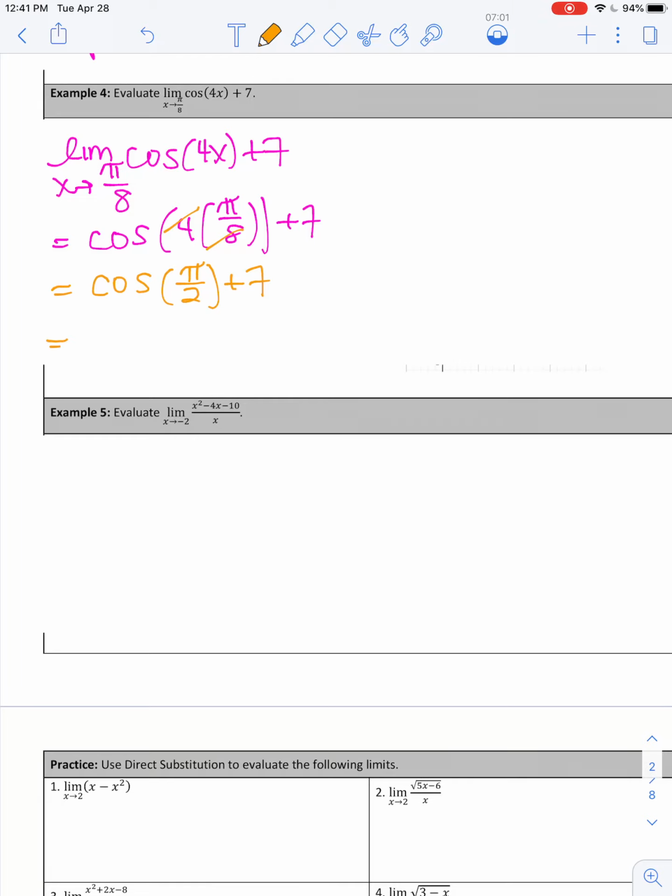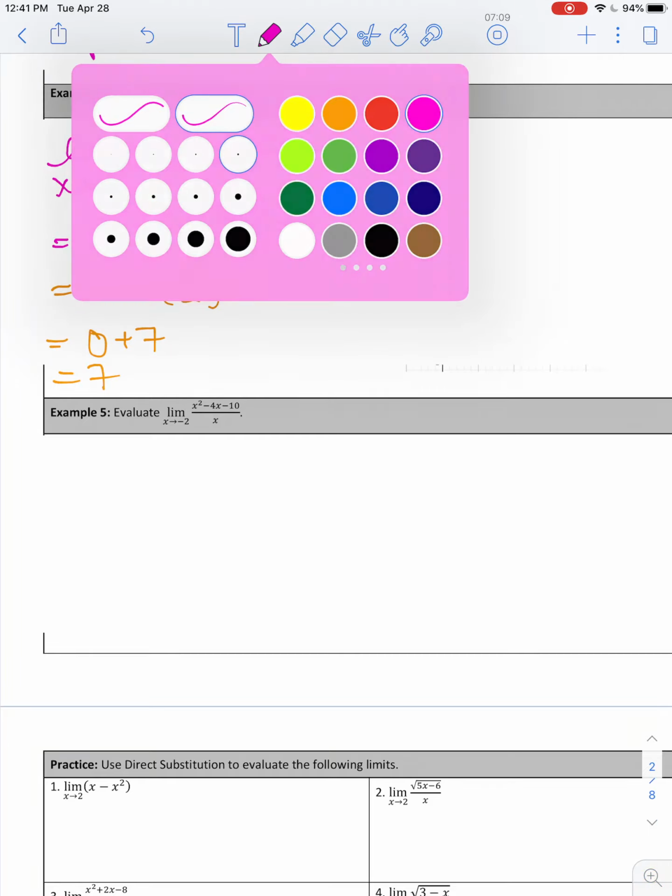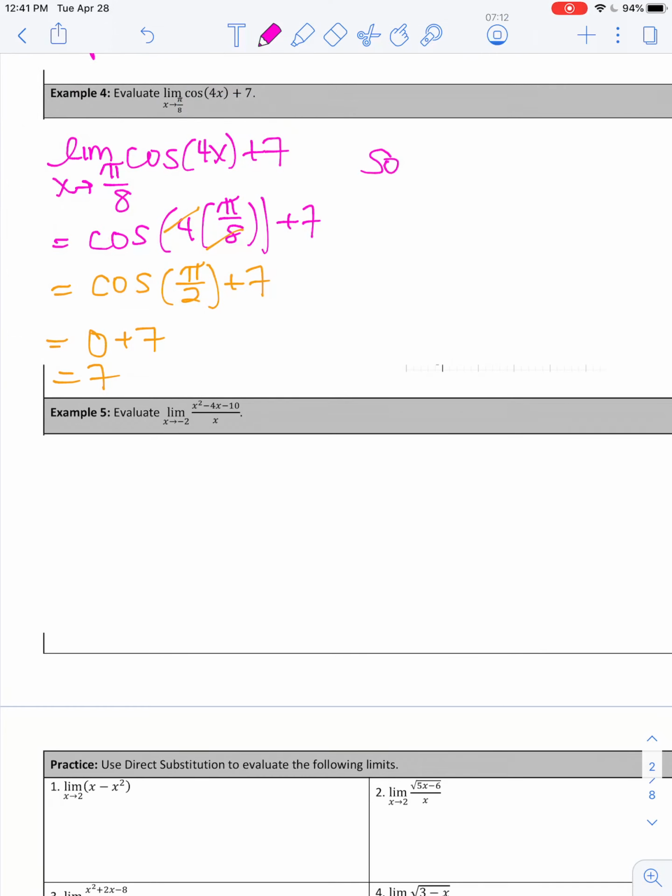And then using our knowledge of the unit circle, we know that cosine of pi over 2 is just 0, and 0 plus 7 is 7. So we're able to make the claim that the limit as x approaches pi over 8 of cosine of 4x plus 7 is equal to 7. And again, I encourage you guys to check out the connection between this statement and this analytical work and the graph that's shown on your guided notes posted in Classroom.